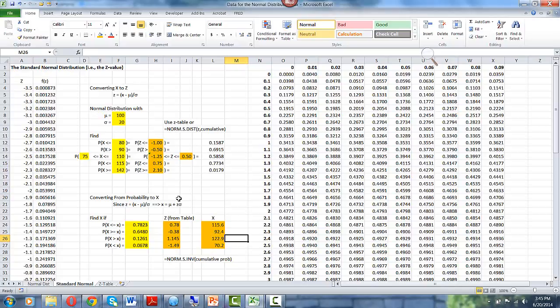Okay, so hopefully that helps with using the z-table. Don't try to memorize when to add 0.5, when not to add 0.5. It really changes up, whether we're doing less than or equal to, greater than or equal to.